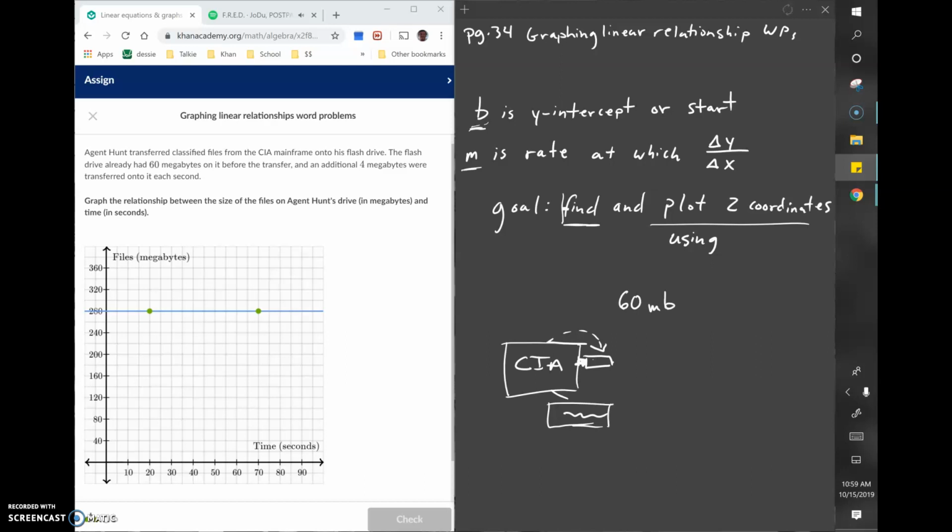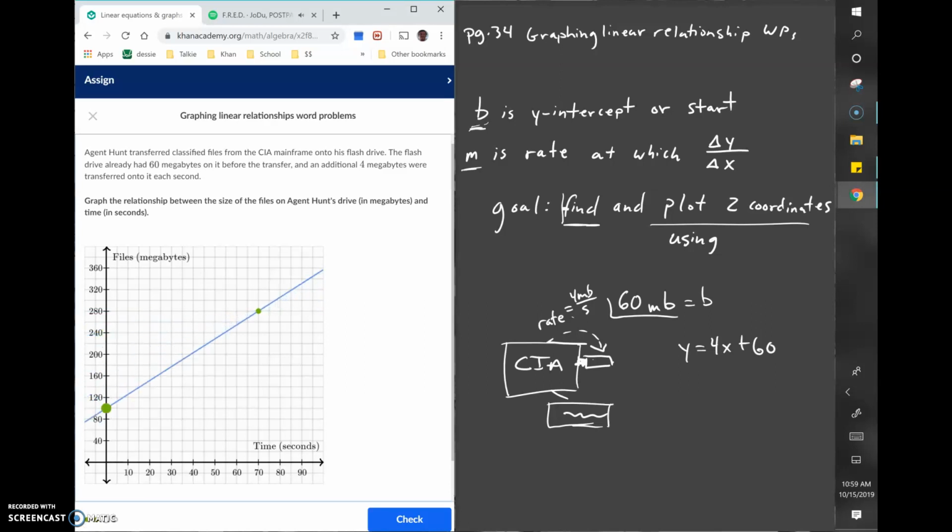And the rate that the information is downloading onto the drive is 4 megabytes per second. So it gives us an initial value and it gives us the rate. We know the initial value is b, so our equation here is y equals m, which is 4x, plus b, which is 60. Let's graph that right away.